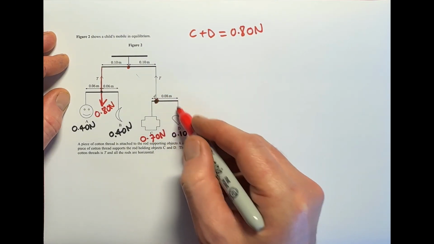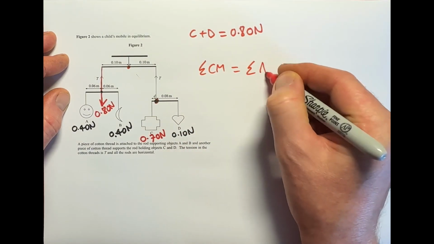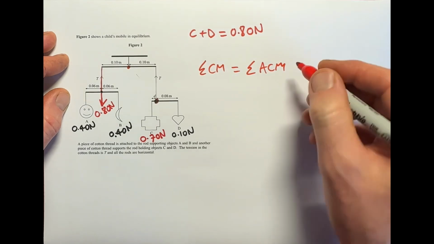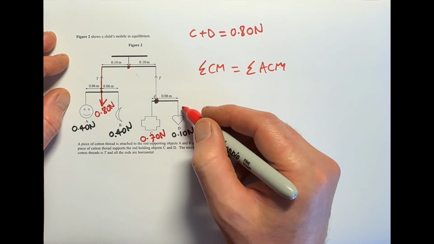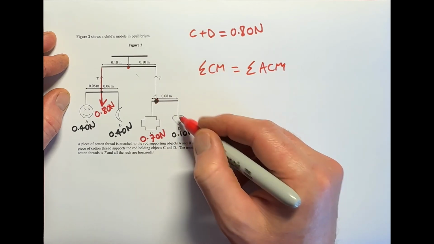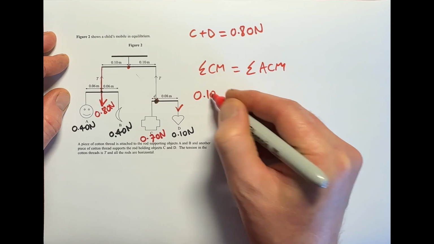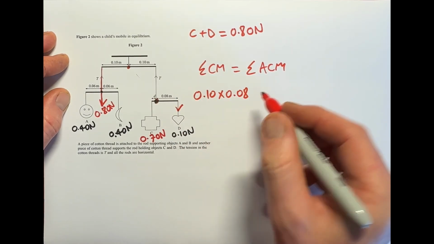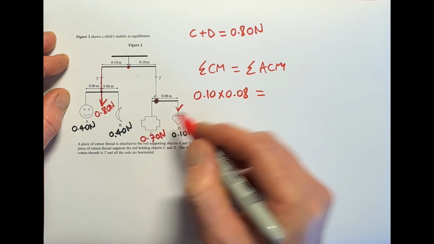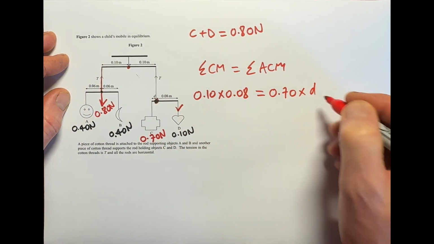Sorry about that terrible M there, I seem to have a problem drawing Ms. The clockwise moment here is 0.1 newtons acting that way, multiplied by the distance. Force times distance is moment. And the anti-clockwise moment is 0.70 newtons multiplied by D.